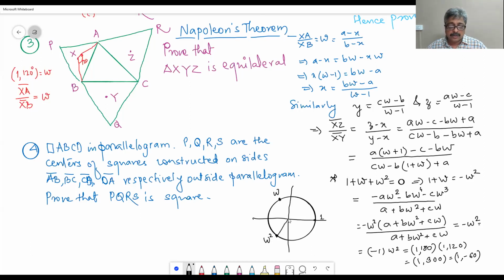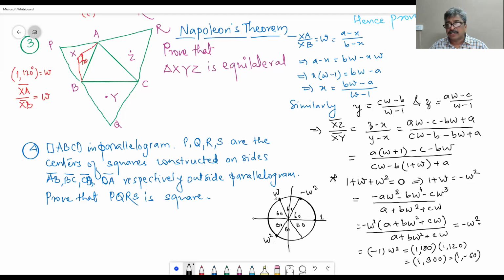Then this is minus omega square, if I am not mistaken. This is minus omega. This is 60, 60, 60, 60, 60, 60.